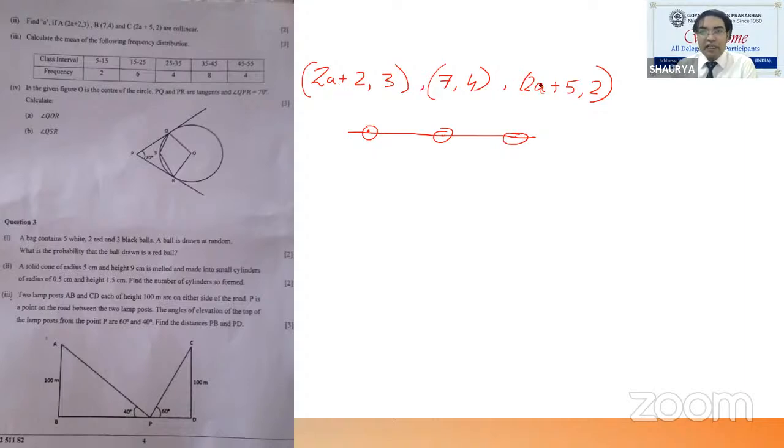Now this question can be attempted in several ways. First, we take any 2 points, apply distance formulas, and show that AB plus BC comes out equal to AC. This is only possible when these 3 points are collinear. Next, if these 3 points are taken to be the vertices of a triangle, then we can calculate the area of the triangle.